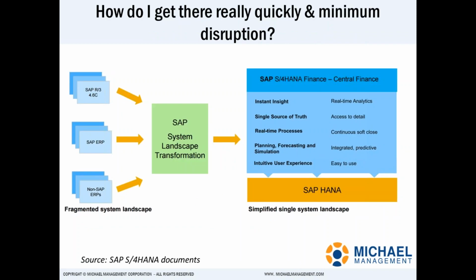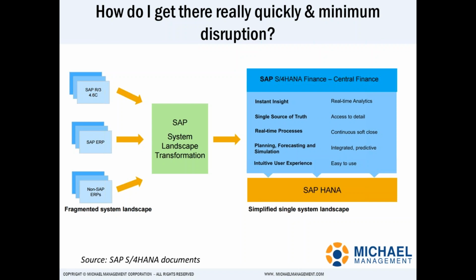Now, in order to do this really quickly and with least disruption, one of the options that we frequently go ahead with is something known as the central finance option, which is part of the S/4HANA finance. What it really means is, you could have multiple ERP systems and you want the least disruption.